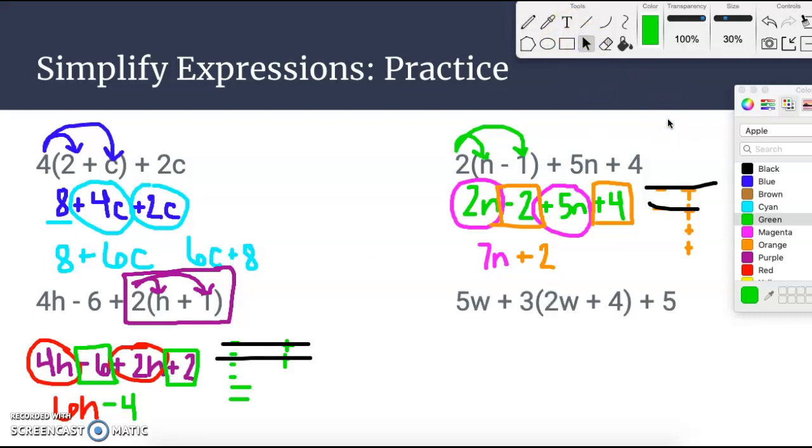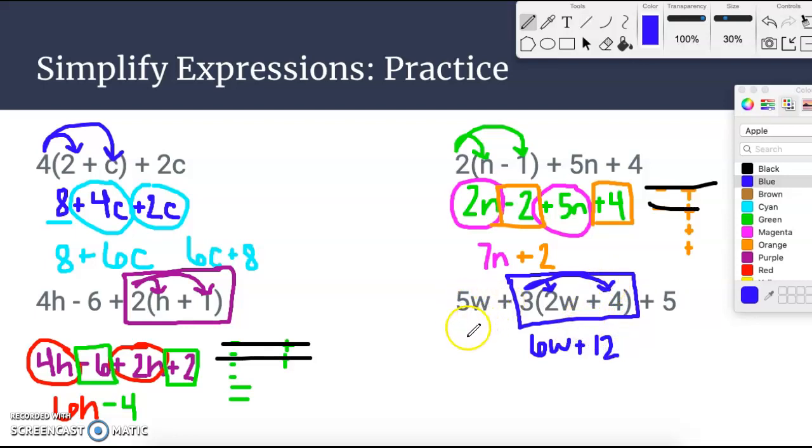And in our last example, 5w plus 3 times the quantity 2w plus 4 plus 5. Right? This time our distributive property is kind of stuck in the middle of this expression, but it's still right here. 3 times the quantity 2w plus 4, 3 times 2w is 6w, 3 times 4 is 12, and we are adding.